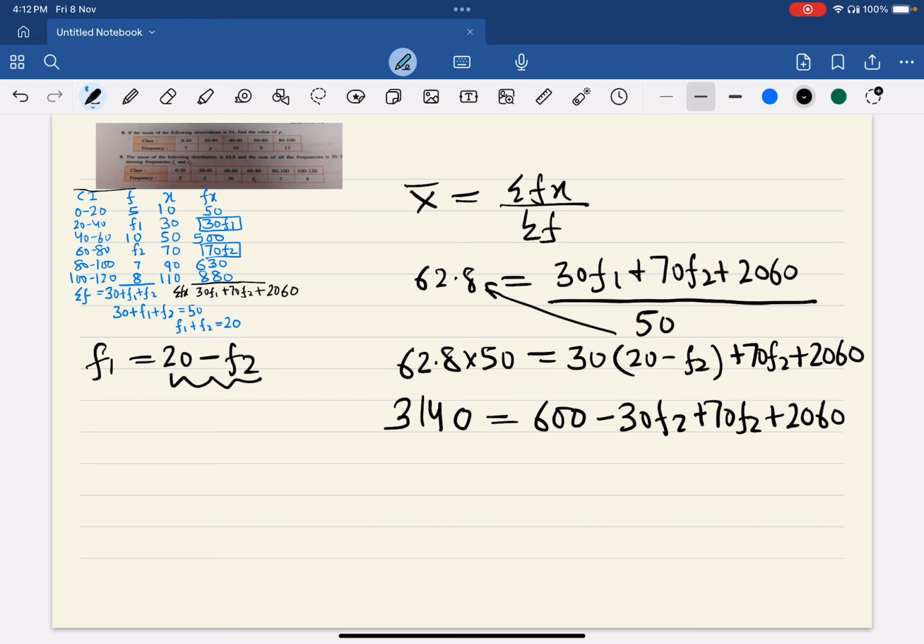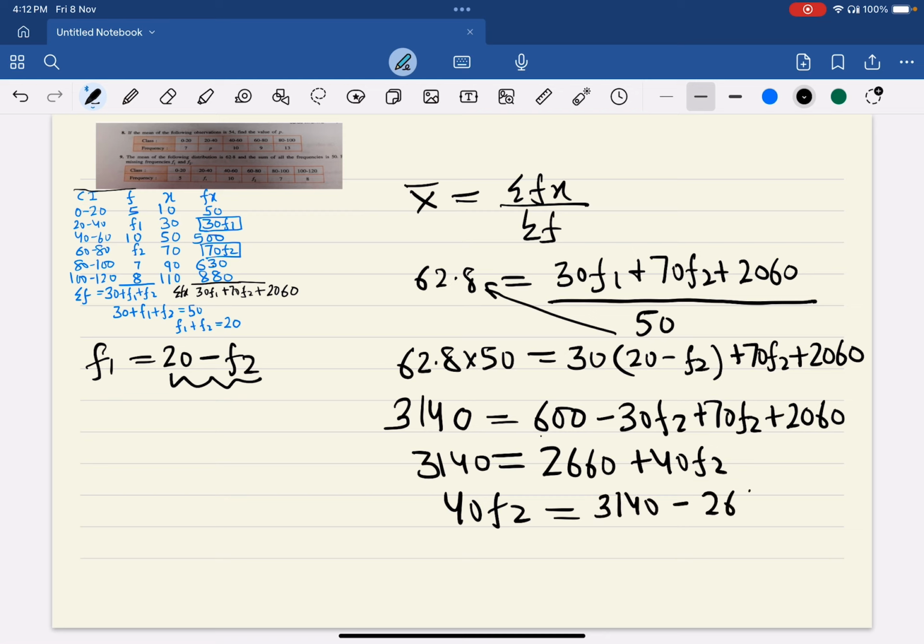So we will have 600 plus 2060 is 2660 plus 40 F2, which is equal to 3140. Okay. So now 40 F2 would be equal to 3140 minus 2660.